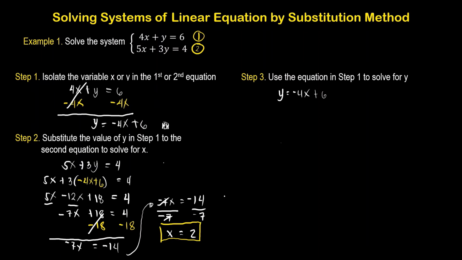Then of course, we just need to plug in the value of x na nakuha natin sa step 2, which is equal to 2 to solve for y. So y is equal to negative 4 quantity plus 6. So we put here the value of x natin, which is equal to 2. Then, ang next natin gagawin dito is we simplify, of course. Y is equal to, of course, negative 4 times 2.